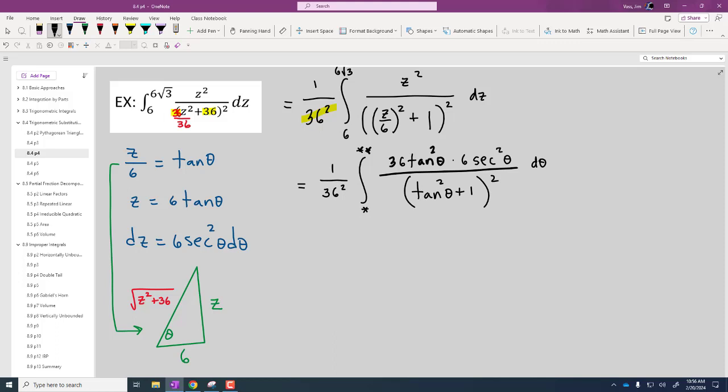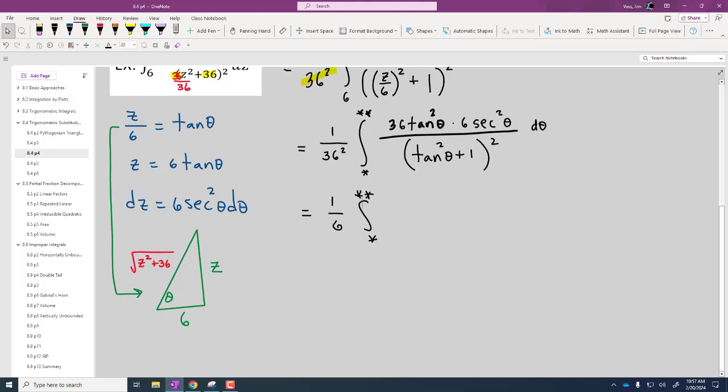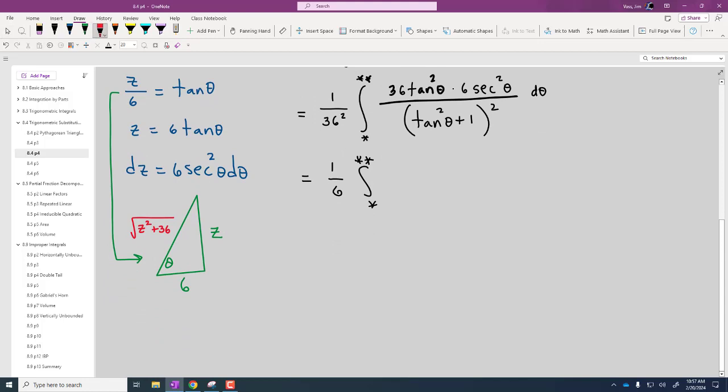So a bunch of cancellation here. We're going to get one of the 36's to cancel. And then we're going to have 6 over 36, which is 1 over 6. So the constant out in front becomes just 1/6. Now our identity: tan squared plus 1 is secant squared.